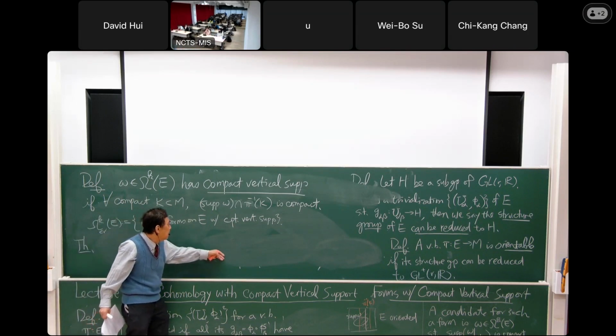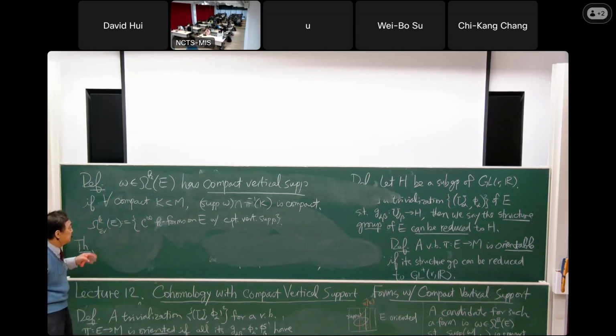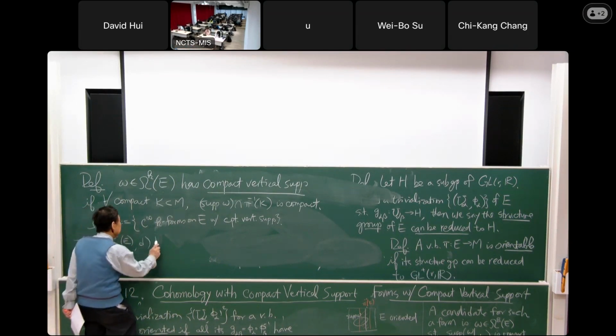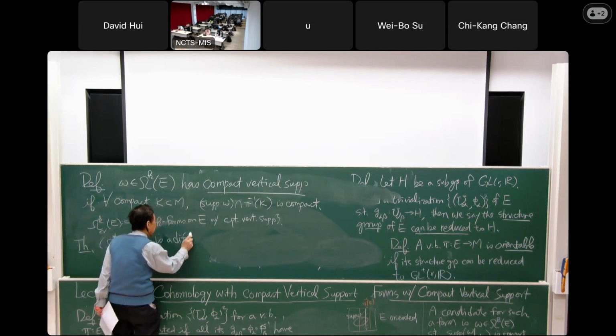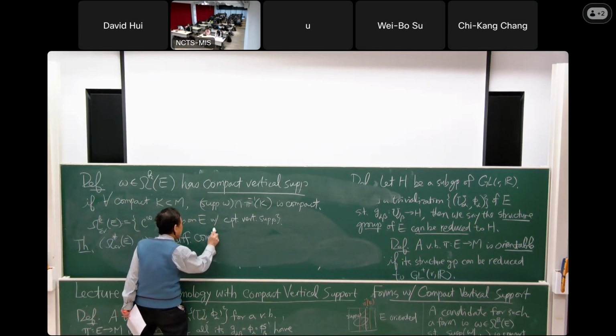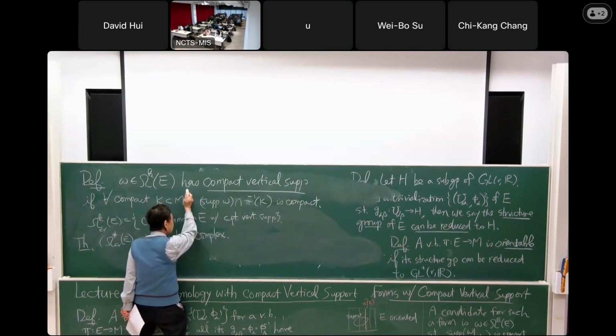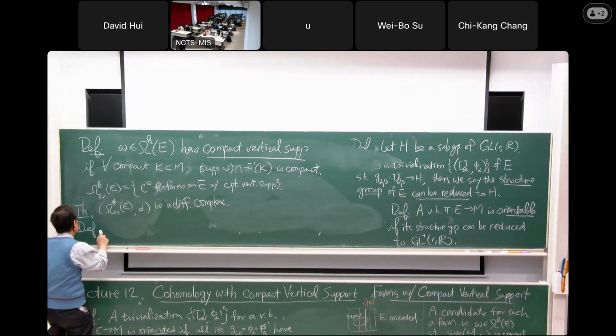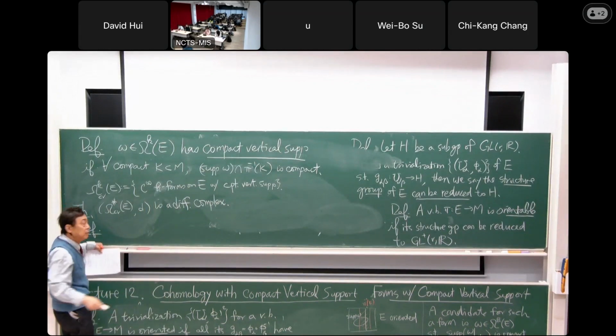Well, right now we don't care about the product structure, but it certainly forms a vector space, and so you can define cohomology. Okay, so this complex of forms with compact vertical support with the exterior derivative is a differential complex, and then its cohomology is the cohomology with compact vertical support.